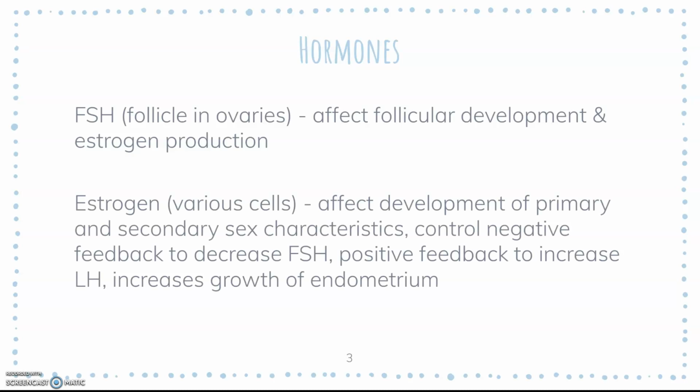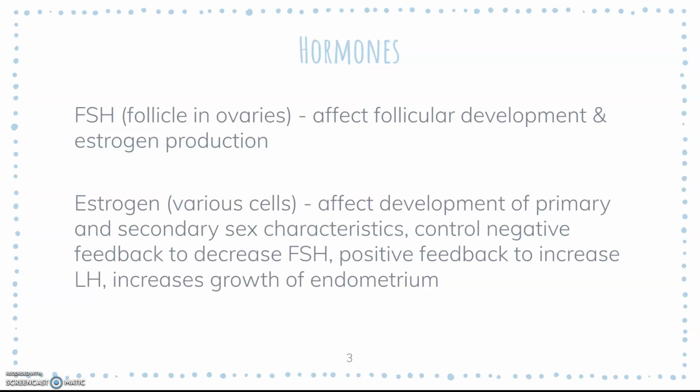And estrogen, which is a new hormone that most of us know, but we're going to now look at more in depth, is going to target various cells. It affects the development of both primary and secondary sex characteristics. Secondary sex characteristics are things like, thinking about puberty, the widening of the hips, the narrowing of the shoulders, the breast development, hair development.